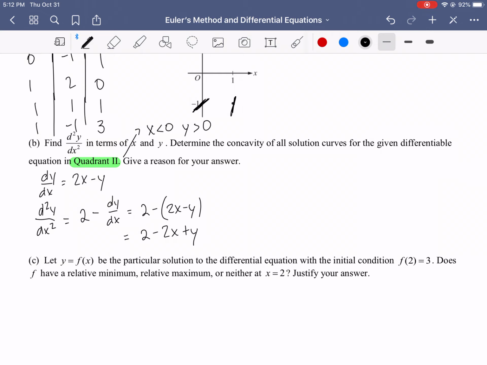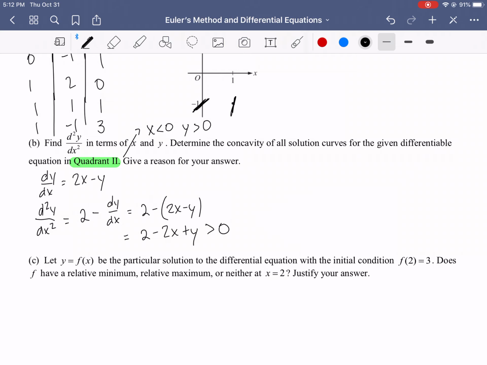If I were to plug a negative in for this x, which is what I would do in quadrant 2, this term is going to go back to positive because it would end up being a minus a negative. And then if I were to plug a positive y in right here, that would obviously be positive. So what I would have is a positive 2 plus something plus something. And so no matter what, in quadrant 2, this is always going to be positive.